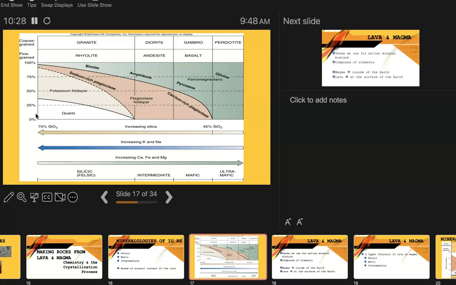They'll all show up in 1 through 12 in your mineral kits, which are all silicates. There's more silicates as you go through there, but those first dozen, all silicates. So it's no surprise that we see this first yellow arrow here, increasing silica content as we go towards felsic, which is why they call it silicic.